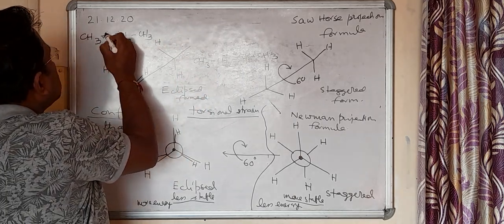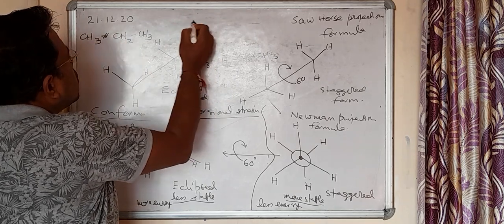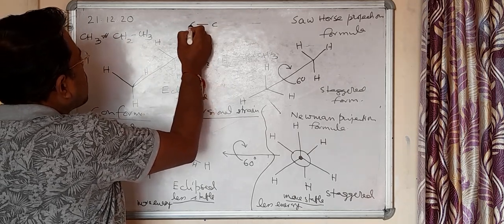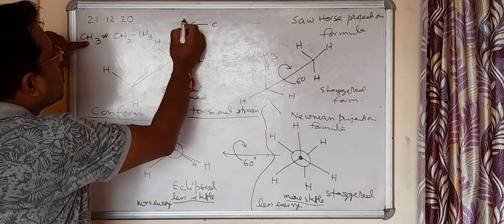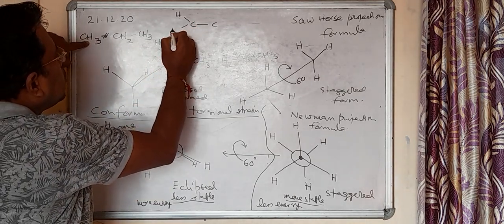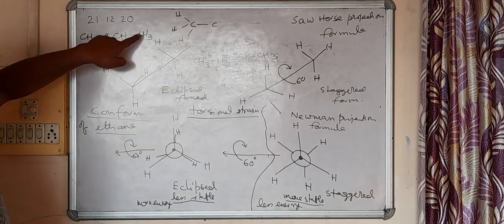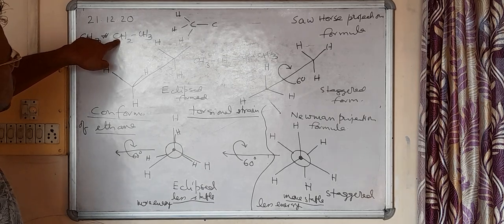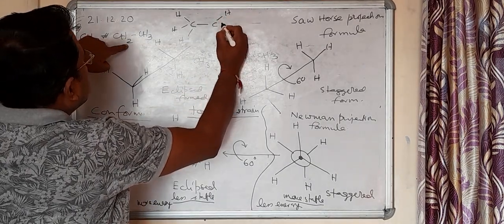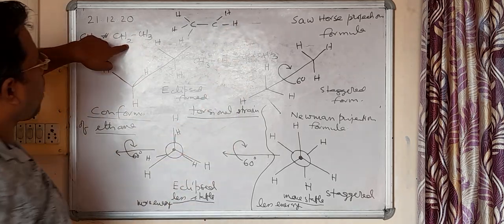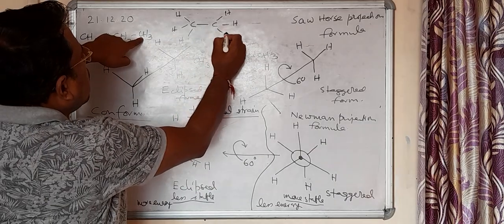You think of this molecule in this way. Suppose we are considering this rotation. This is the carbon-carbon bond, with these three hydrogens, 1, 2, 3, and the groups attached to this carbon. What are the groups attached to this carbon? One is hydrogen, the other one is also hydrogen, and the third one is methyl.